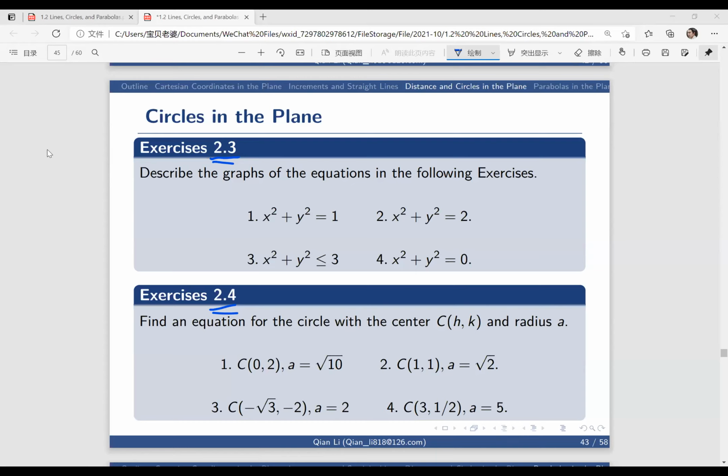Notice the first exercise, you need to describe the graph of the following equations, okay?